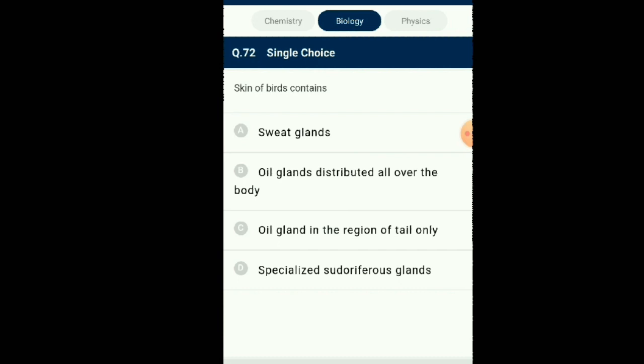The skin of birds is without any gland except the preen gland or oil gland or uropygial gland, which is for the lubrication of feathers, and it is present at the base of the tail. So the answer is option C, oil gland in the region of tail only.